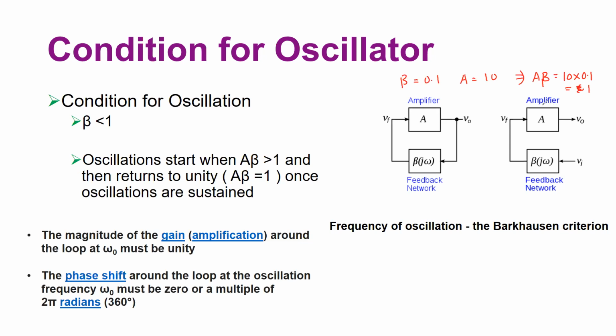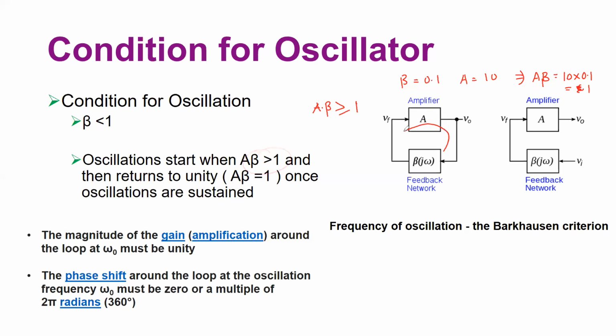If this condition is met, your oscillation can start. So usually you make sure that your A times beta is greater than or equal to 1. The oscillation starts actually when A times beta is greater than 1. So this is the loop gain.